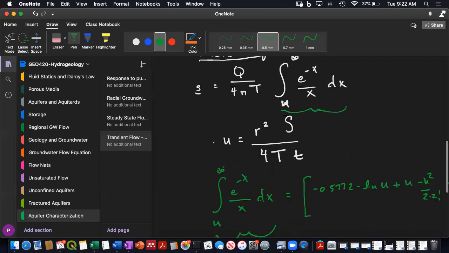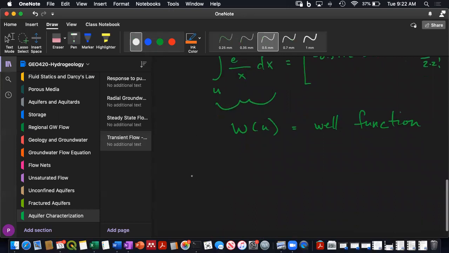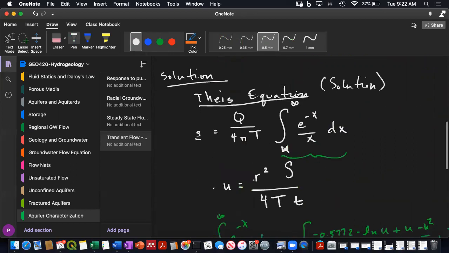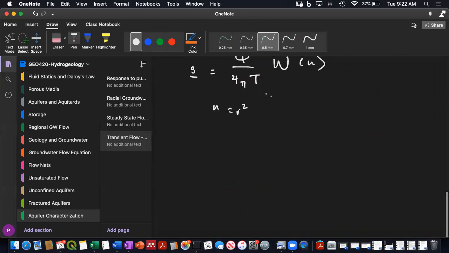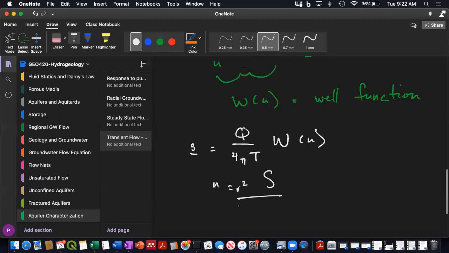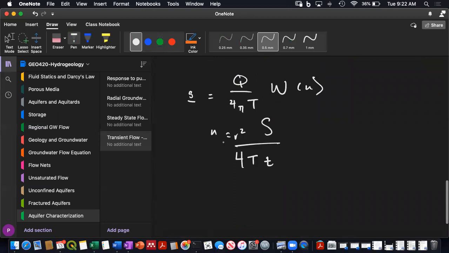All right, so the bottom line is the way we generally see these drawdowns is this way. So here's s, which is the drawdown, equal to Q over 4 pi T times W of u, all right? Where u we've defined up here. So u is r squared S, big S here, over 4T and little t.